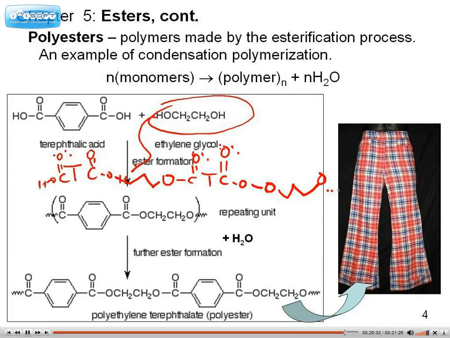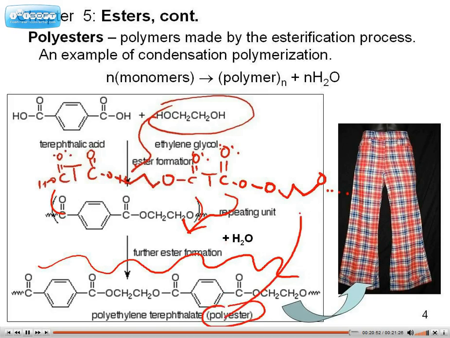And as you can see, it just keeps on going. So think of these as links in a growing chain that form over and over and over. In parentheses, we put this as a repeating unit, and it basically just keeps on getting bigger and bigger. Because we have multiple esters that form, we cleverly call this a polyester.